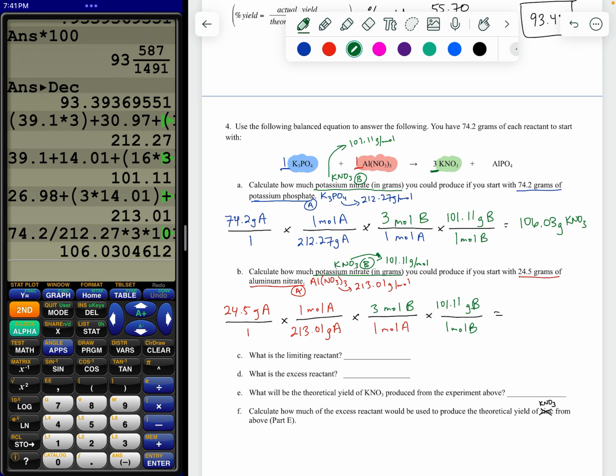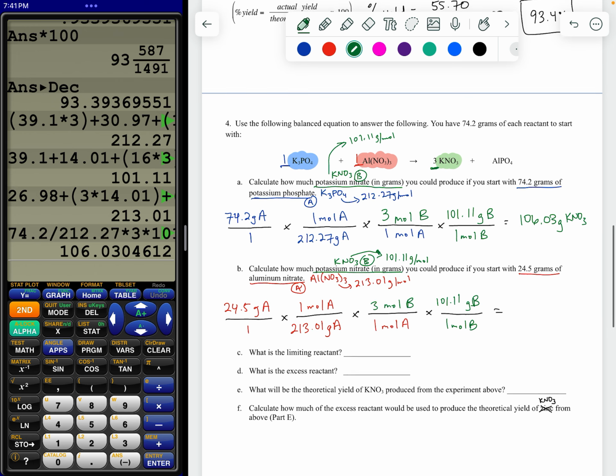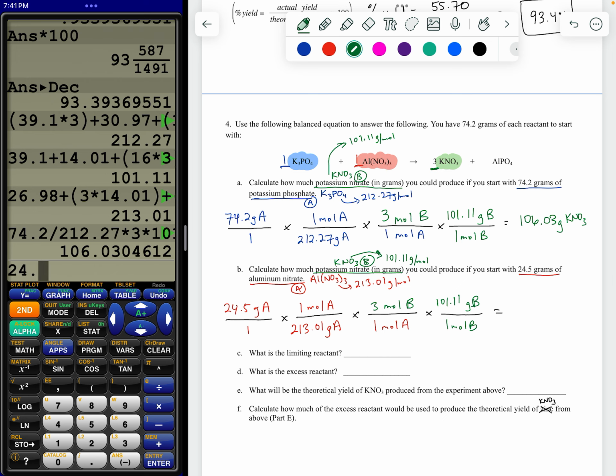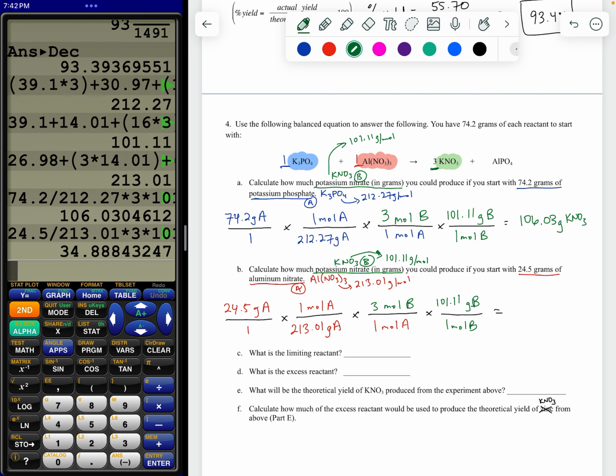So that's how much potassium nitrate can be produced from the potassium phosphate that we started with. Now we're going to do the same thing down below, 24.5 grams of the aluminum nitrate divided by its molar mass, multiplied by the mole ratio of 3 to 1, and multiplied by that 101.11, and we end up with 34.89, which is significantly less than above, which tells us that this is going to be our theoretical yield.